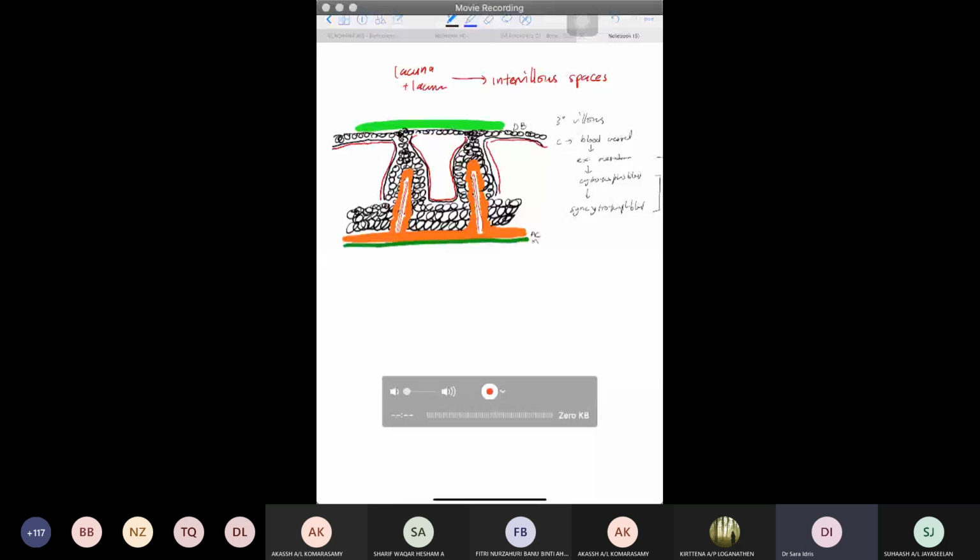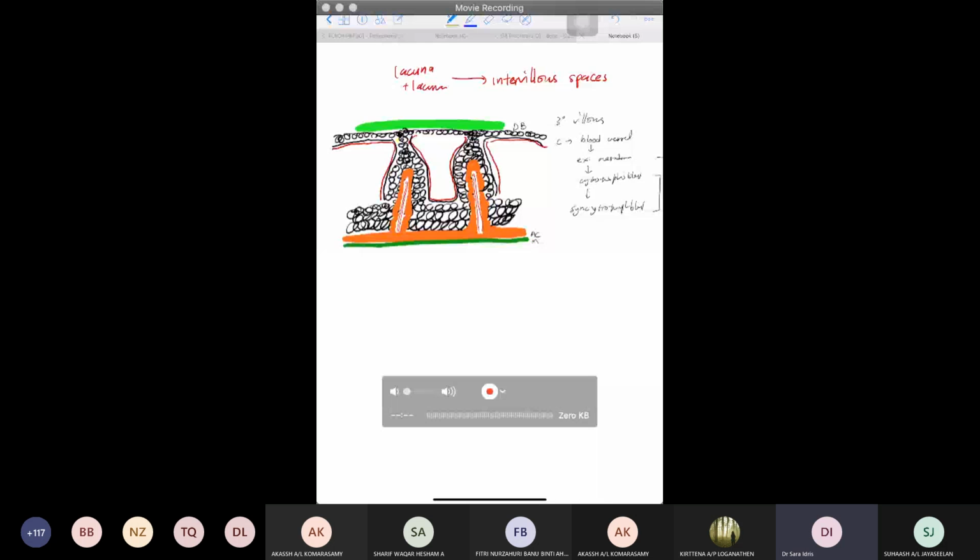Syncytiotrophoblasts will be very small, just located here, because it's being pushed away by the intervillus space. The lacuna has grown so big that now most of the space in between the villus will not be cytotrophoblast or syncytiotrophoblasts, but lacuna spaces, which are going to be renamed intervillus spaces.